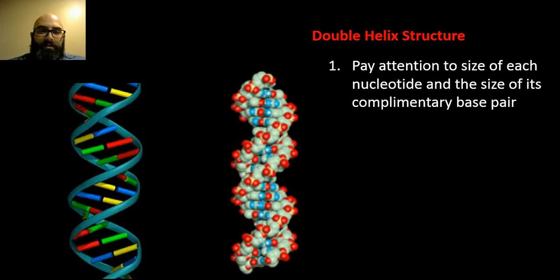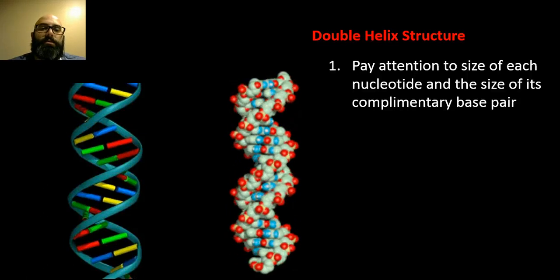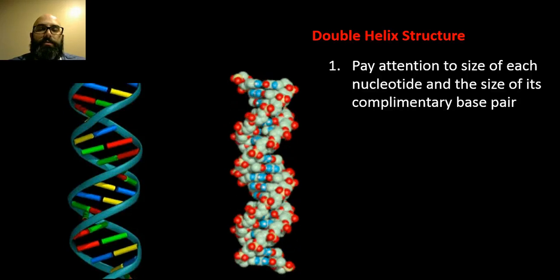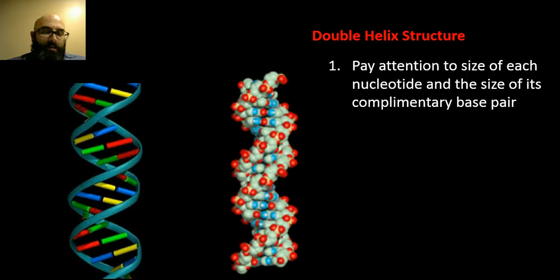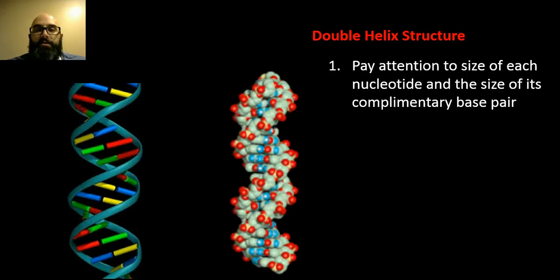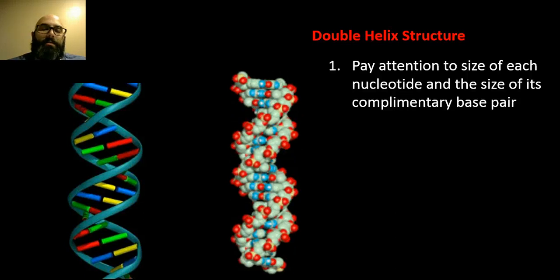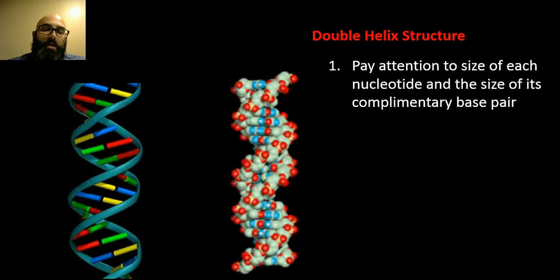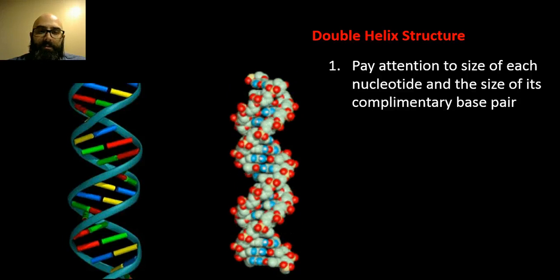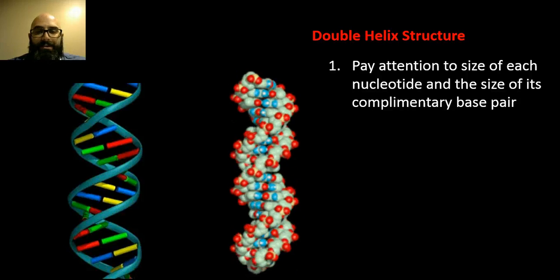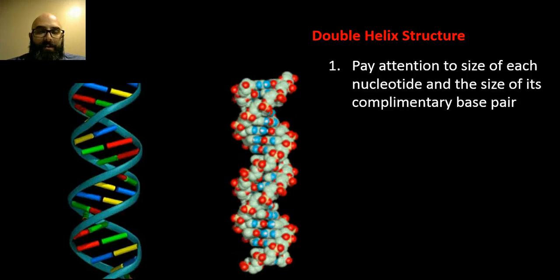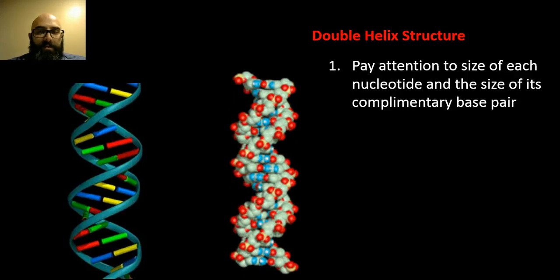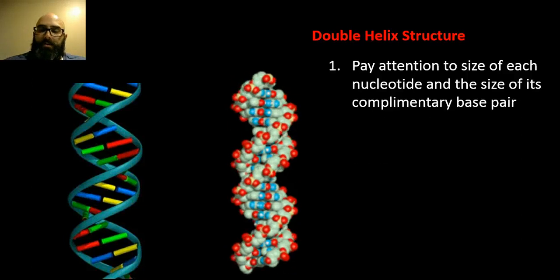So here's some hints as to why DNA forms a double helix when all of those monomers are put together. You need to pay attention, one, to the size of each of the nucleotides and the size of the complementary base pair that it's going to bond with. They could either be the same size or different sizes. But if they were all the same size, I want you to pay attention to what would happen.